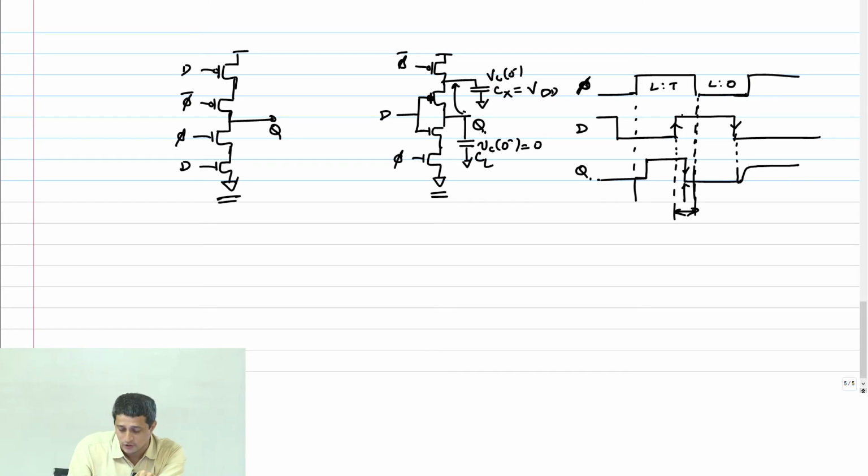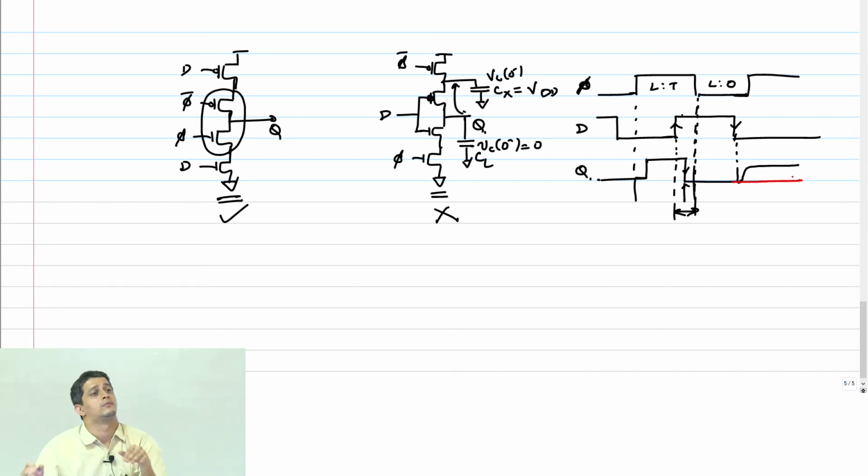In this configuration, any change in D after the clock has shut off will not reflect the change in the output Q, because the clock is actually getting that change right in between. So this is the only correct configuration for a tri-state inverter, and this is not a correct configuration. So in configuration 1, Q will continue to be at 0.